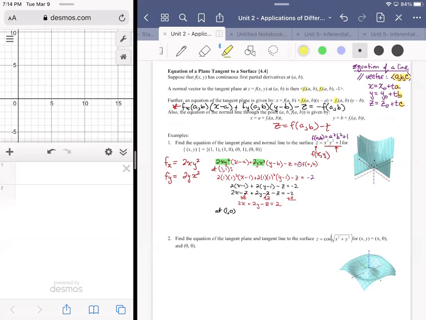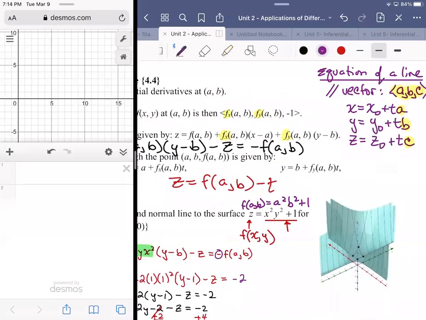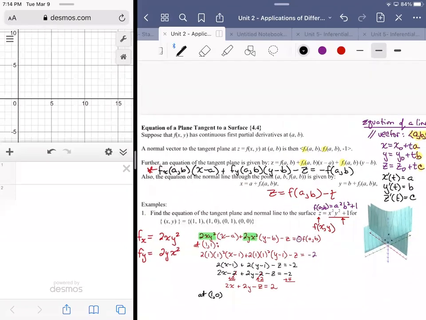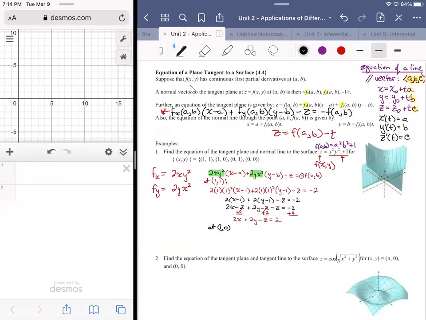And so if I take the derivative of each of these with respect to t, I can write it as x prime of t, y prime of t and z prime of t. I get a, b, and c. And so we end up with that normal vector as being the derivative of the equation of the normal line. That's kind of a cool little relationship.